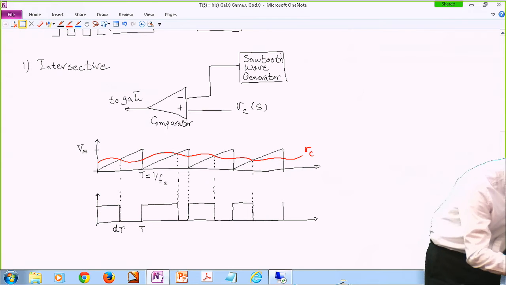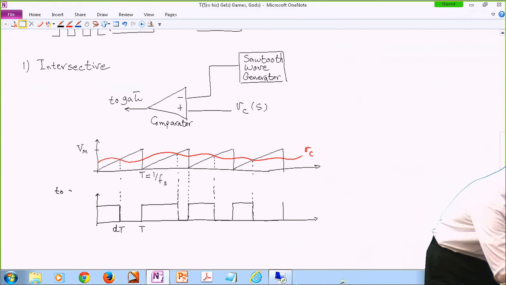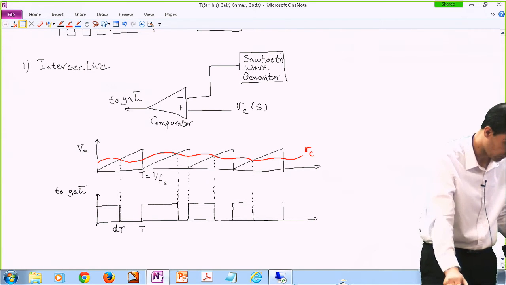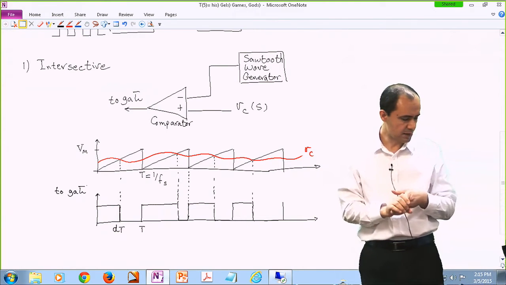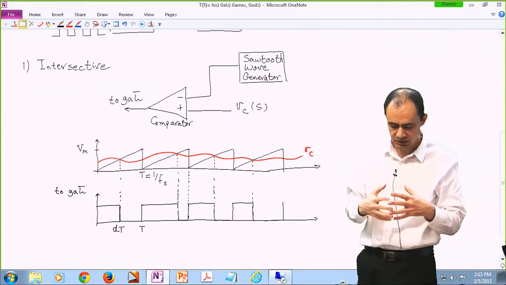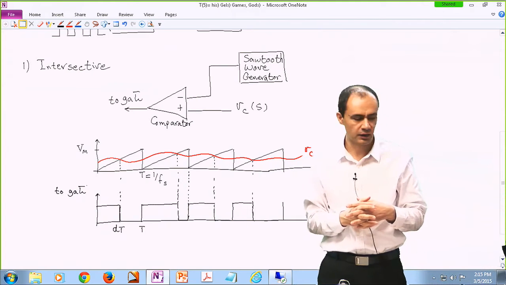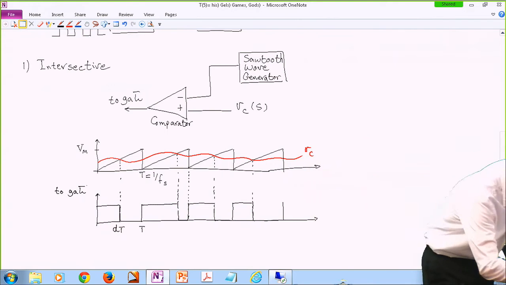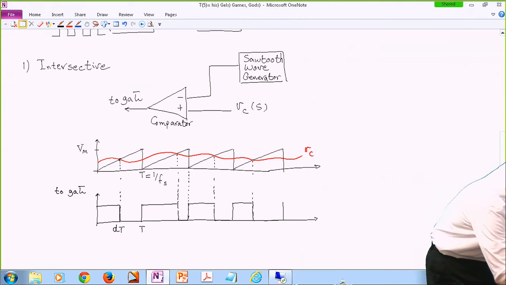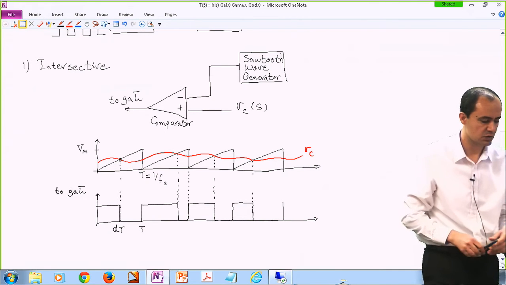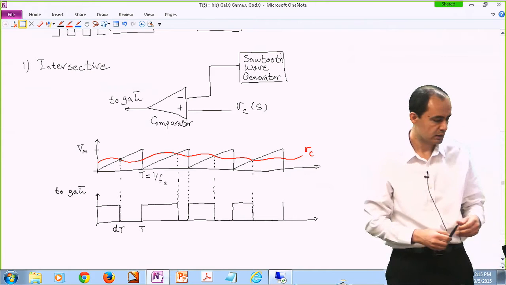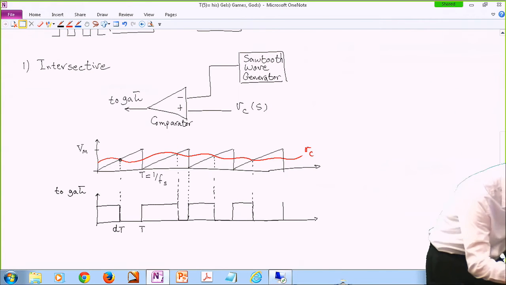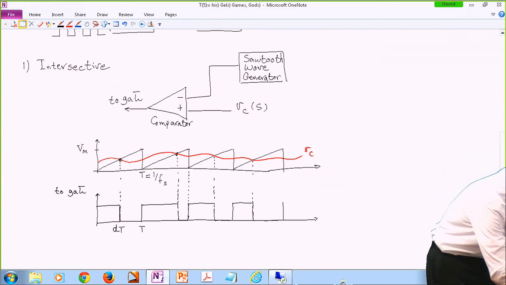Okay, so this is the output of your PWM block. If you think about it, there is a little bit of digitalization happening over here, meaning that once your VC crosses this ramp at this particular point, it doesn't really matter how VC changes until this next crossing point.